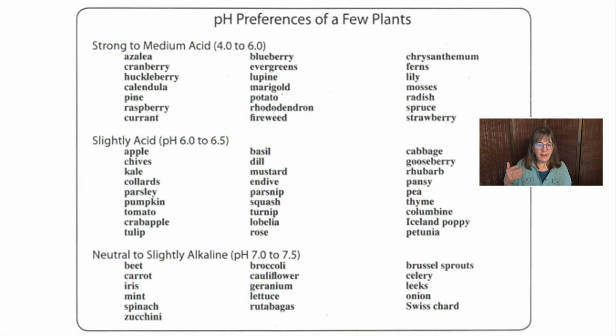Different plants have specific pH preferences for optimal growth and performance. And this chart shows the pH preferences for a variety of vegetables, flowers, shrubs, and trees.